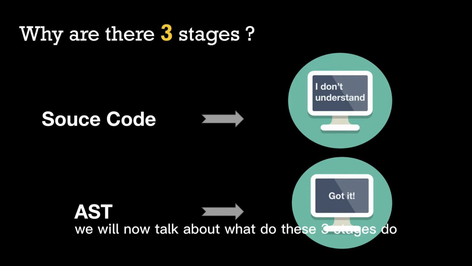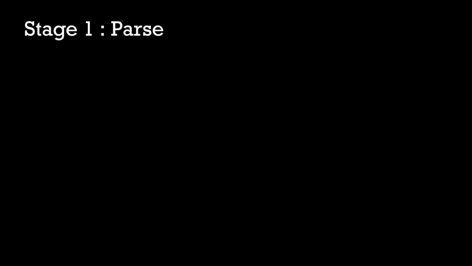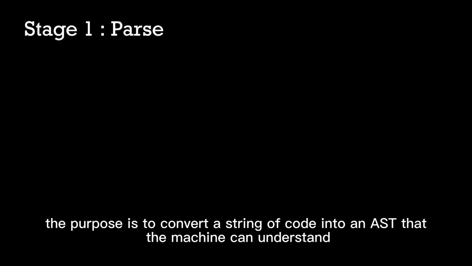We will now talk about what these 3 stages do. So I'm going to talk about these 3 stages in detail here. Stage 1, parse. The purpose is to convert a string of code into an AST that the machine can understand.